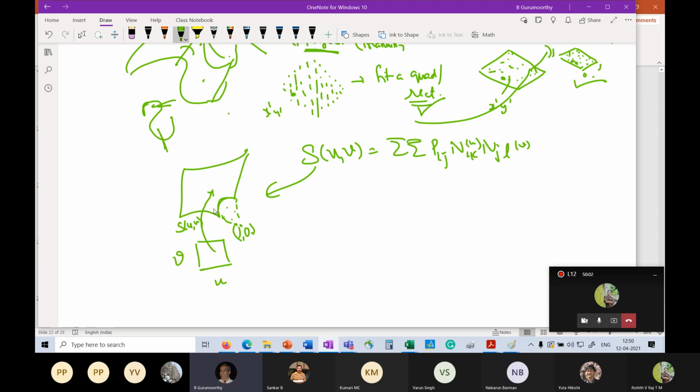Why? Because I now have trimmed my surface of some portion of the overall patch. I have removed this portion, but I have not told it here. This still thinks that u belongs to 0, 1 and v belongs to 0, 1 also.